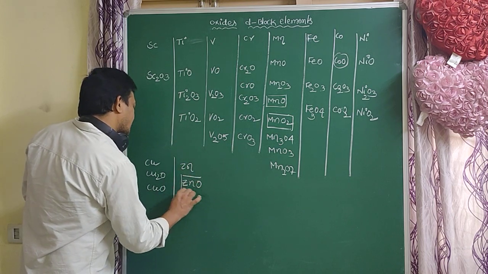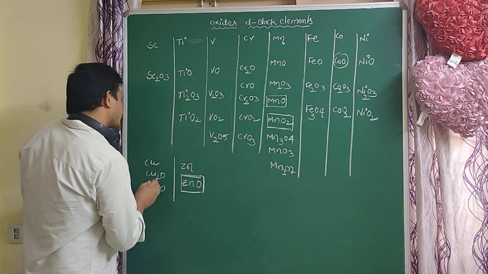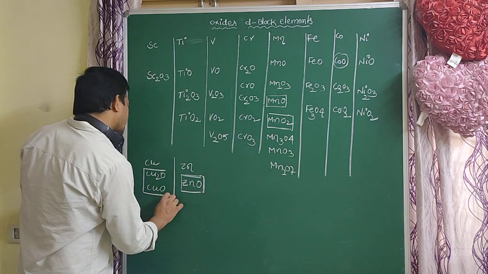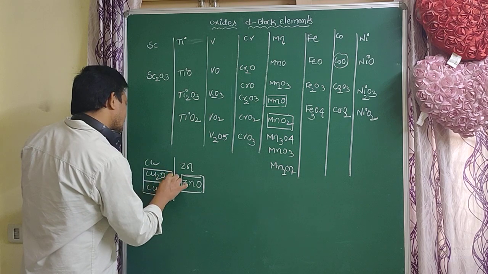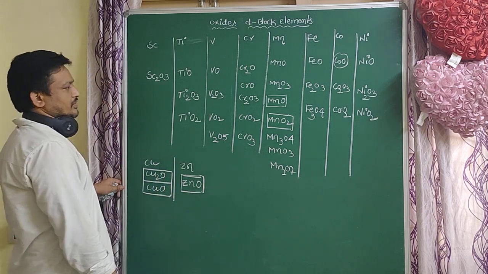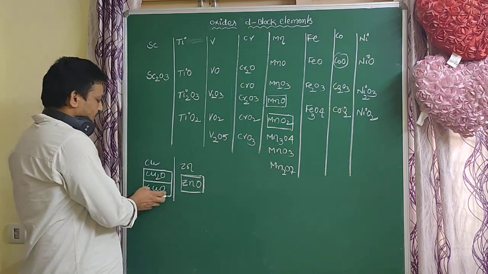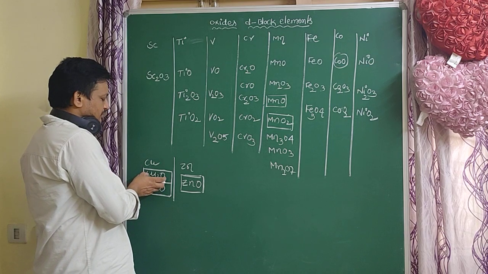This is the stable oxide for zinc, where +2 is most stable. For copper, these two oxides are the most stable. When compared to CuO, Cu2O is more stable.